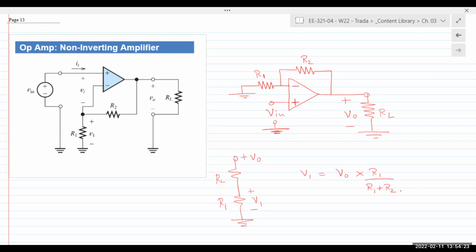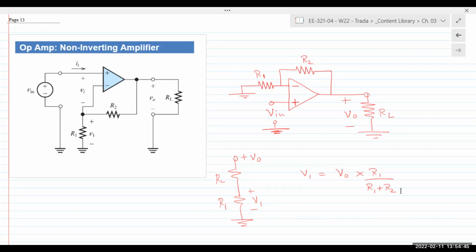And now here's the confusing part. You're applying input voltage at the non-inverting terminal, right? But we have negative feedback, right? From the output, it's going into the negative terminal. So you have negative feedback, then we say there's a virtual short at the two terminals.